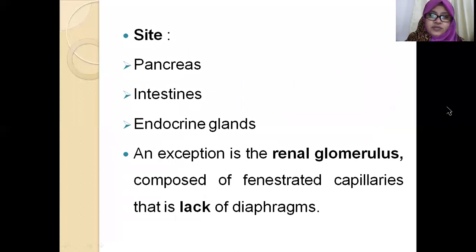This type of fenestrated capillary we can find in the pancreas, intestines, and endocrine glands. There is an exception, that is the renal glomerulus. These are composed of fenestrated capillaries that lack diaphragms.